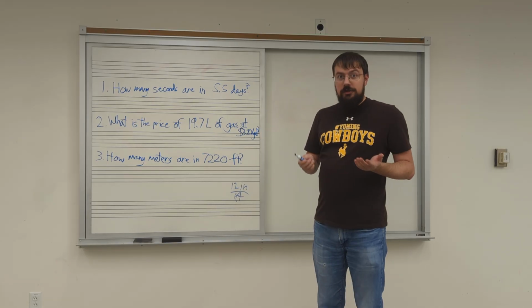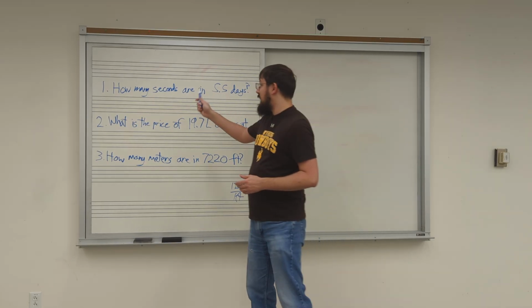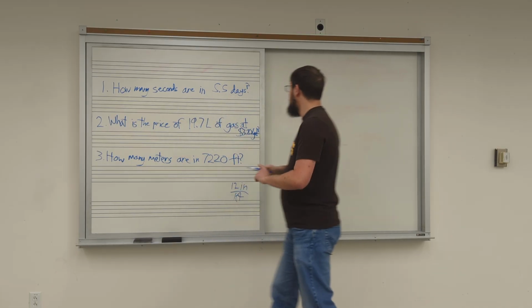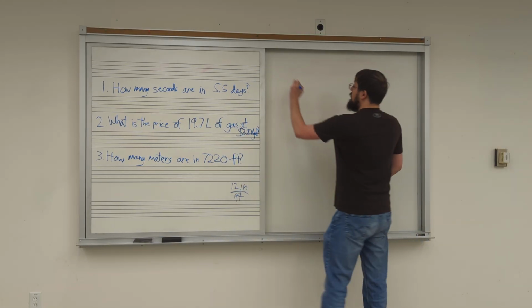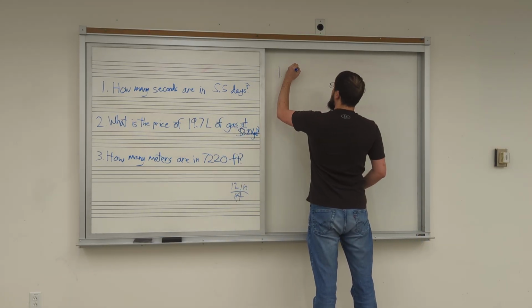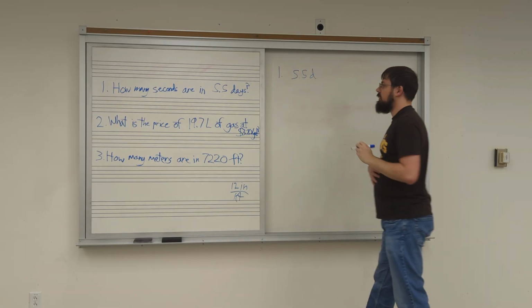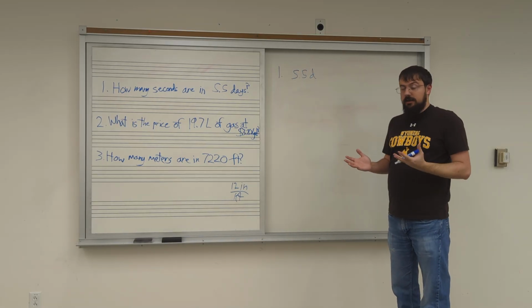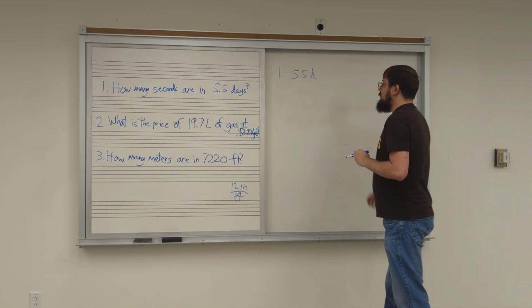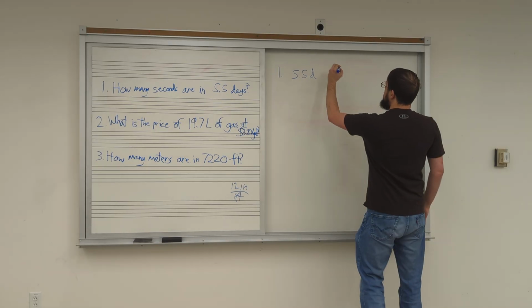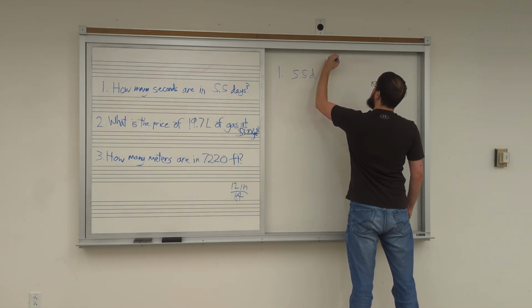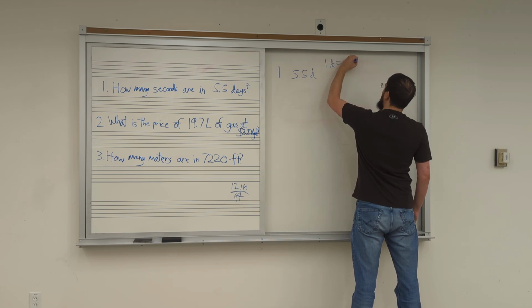There's a couple things that we do know that can help us bridge this gap between days and seconds. So we're starting off with 5.5 days. And even if we don't know how many seconds are in 1 day, we know that 1 day is 24 hours.